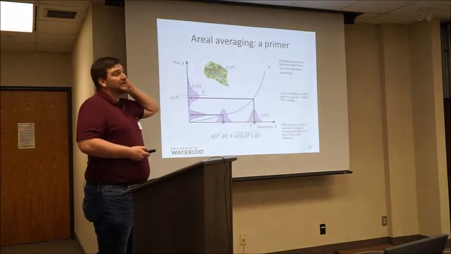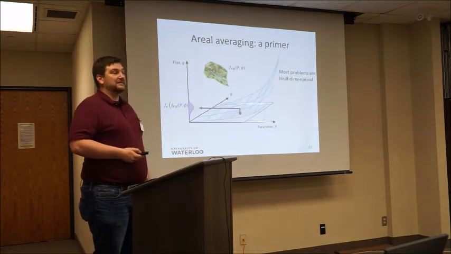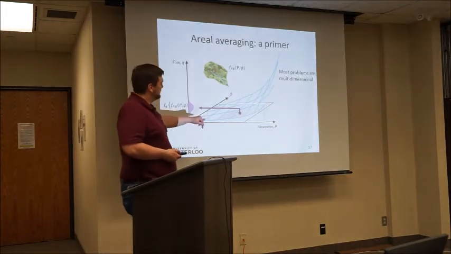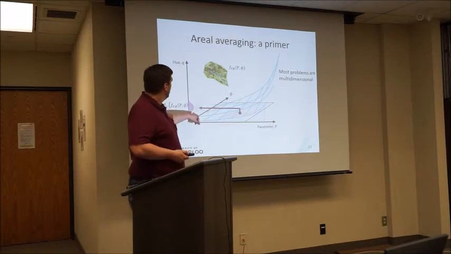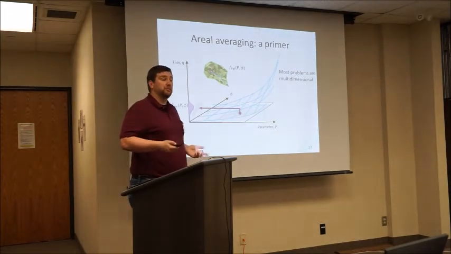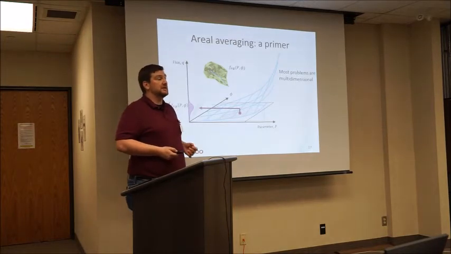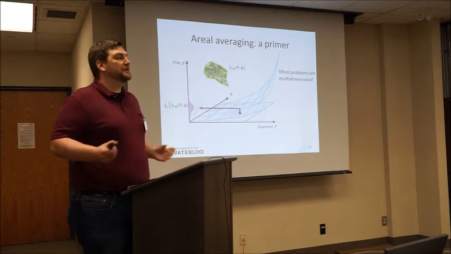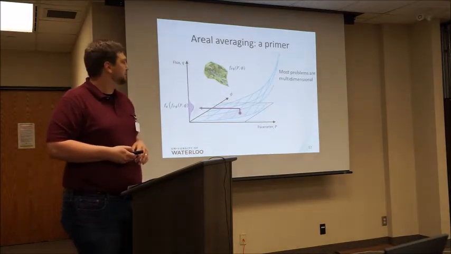Of course, this is the 1D case. This is actually a higher dimension problem. So we now have dependence upon parameter and state, giving us a distribution and the mean, and you add multiple parameters, multiple states. All of a sudden, you have that mean behavior is very different from the behavior you get by putting in all the means into your expressions.